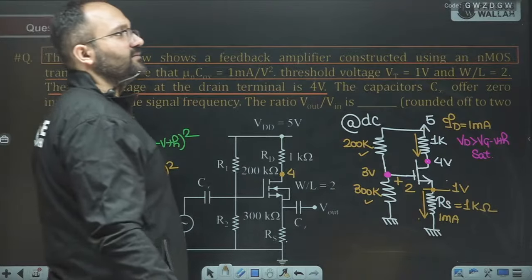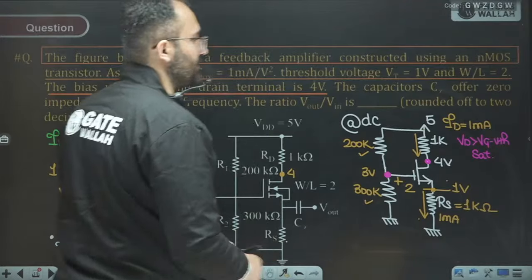What is the voltage gain? 0.667. So now let's find out.